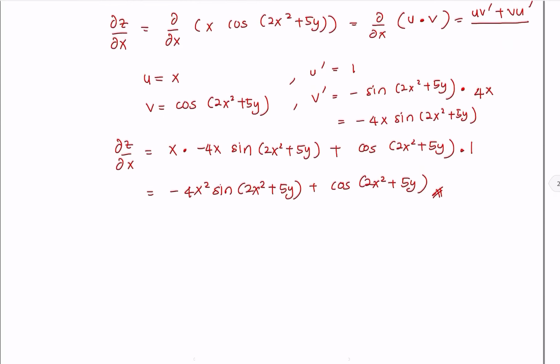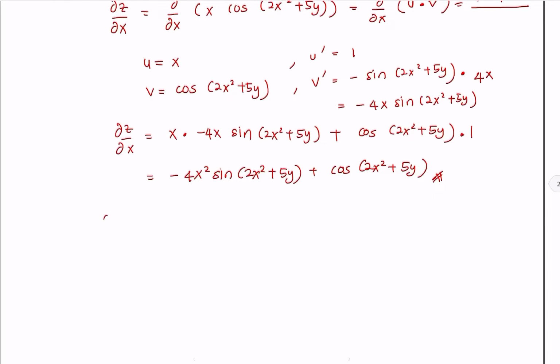So now let's move to ∂z/∂y. We still need to differentiate, but this time with respect to y, where x is a constant. So this one is easy, because x is constant, so you just need to differentiate the cos.